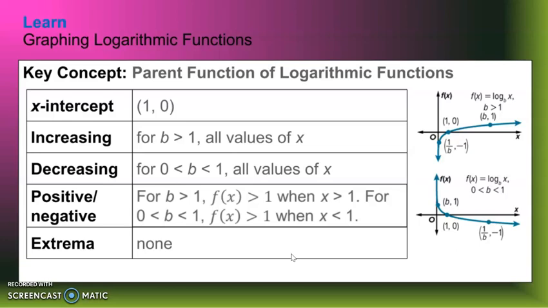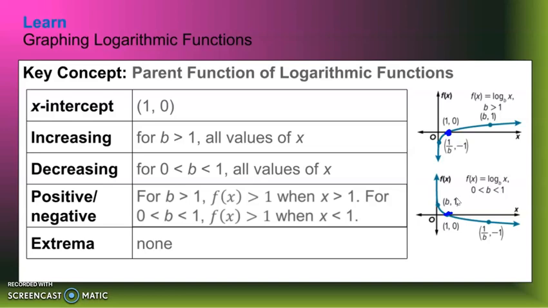It's increasing when b is greater than 1, and it's decreasing, meaning going down, when b is less than 1 but greater than 0. Remember that increasing and decreasing is always going from left to right.